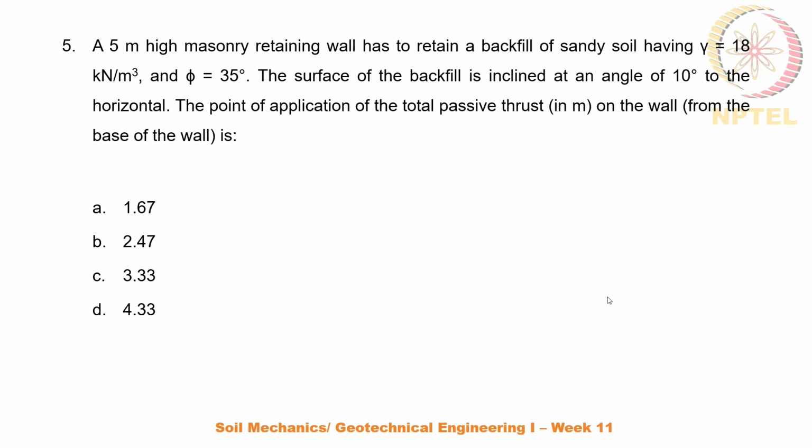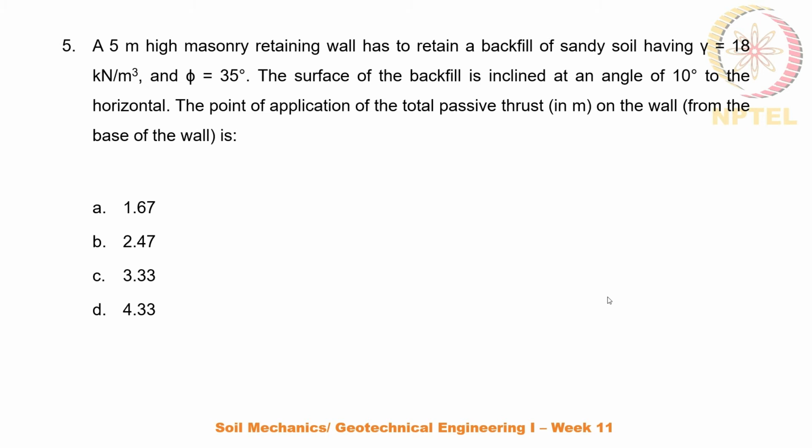A 5-meter high masonry retaining wall has to retain a backfill of sandy soil having gamma equal to 18 kilonewton per meter cube and phi equal to 35 degree. So the retaining wall is exactly similar to the previous question. Now the surface of the backfill is inclined at an angle of 10 degree to the horizontal as in the previous problem.